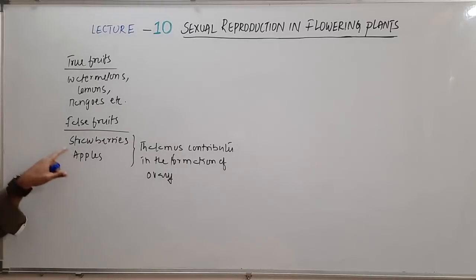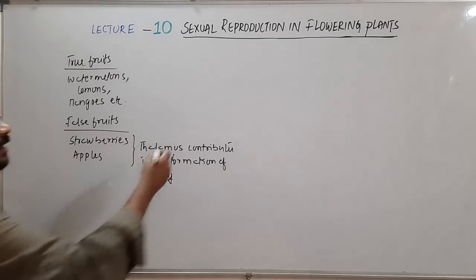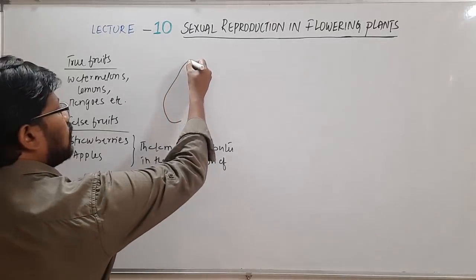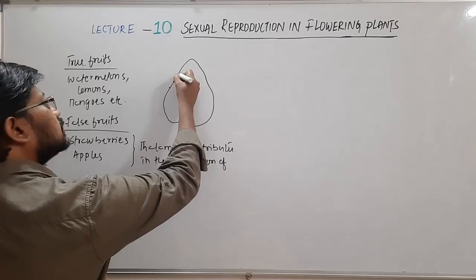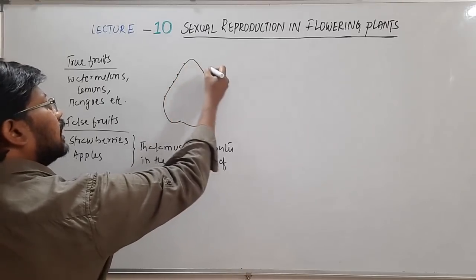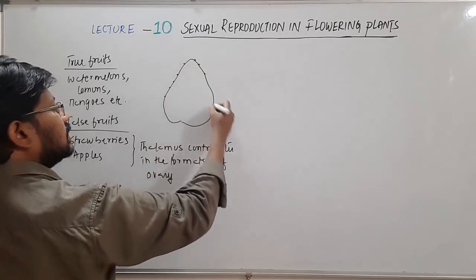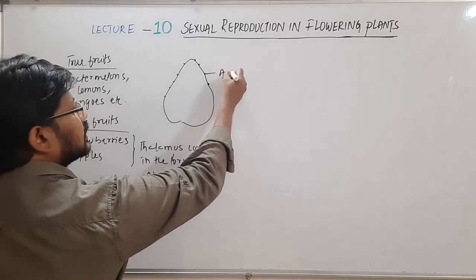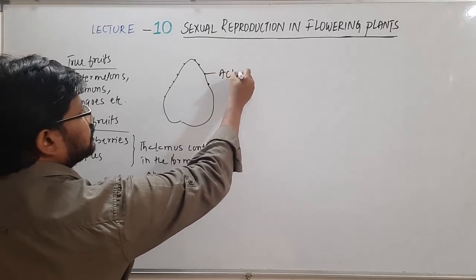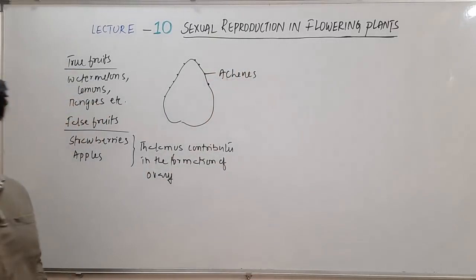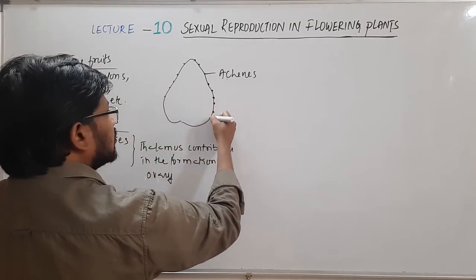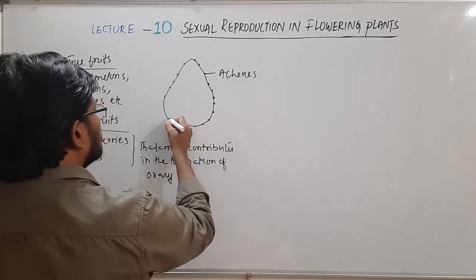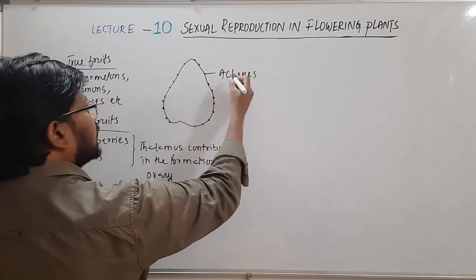Of course, in case of strawberries, in the textbook they have mentioned the small structures you may see on the top as the achenes. These achenes are nothing but ovaries with the ovules, which are dried, in fact.